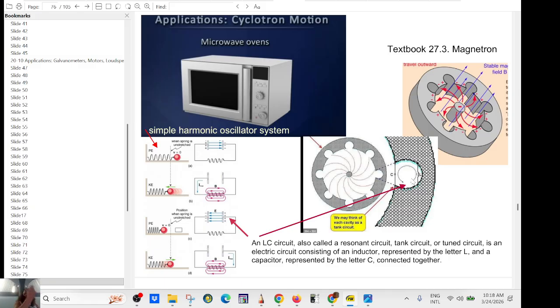Because they oscillate, and any oscillating charge will emit electromagnetic waves, they emit microwaves at a given frequency, which is 2450 hertz. Super smart design. So what's the whole idea? The whole idea is to transfer energy in a very efficient way from your power supply, which is 4,000 volts, to the microwave. And you do it with resonance.